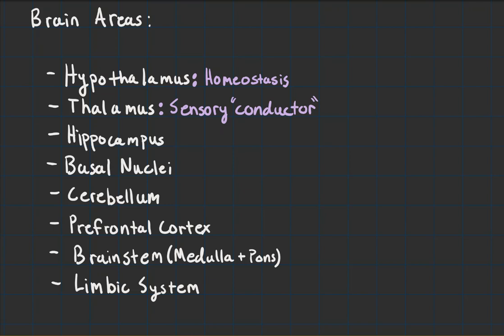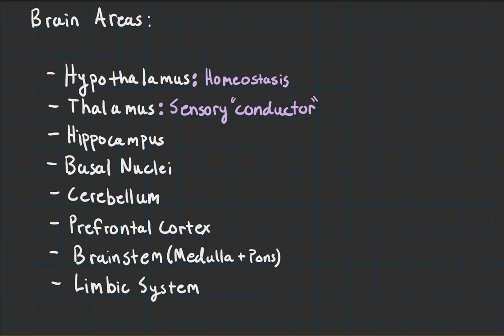So it gets information from 4 of your senses other than smell, and it sends that information initially to the thalamus, and then the thalamus kind of reroutes those signals to the respective part of your brain that will then process it. So your thalamus will first receive something like the visual information before getting sent to the occipital lobe.